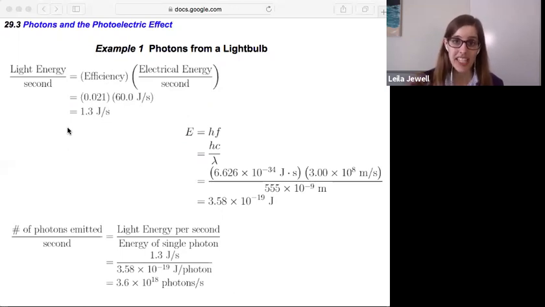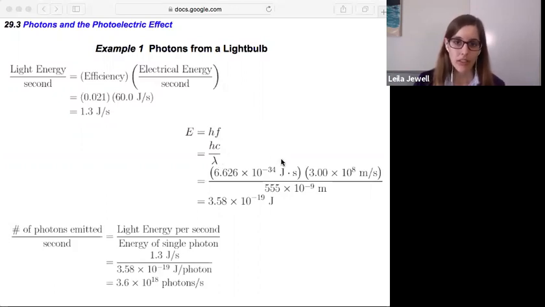Now, what about the fact that it's green light? Well, that tells us that each of the photons of the green light has the energy given by hf. So if you know Planck's constant and the frequency, you can figure out the energy of a single green photon. But here they give us the wavelength, so we're going to use a relationship between speed, wavelength, and frequency to rewrite the frequency as c divided by lambda, the speed of light divided by the wavelength.